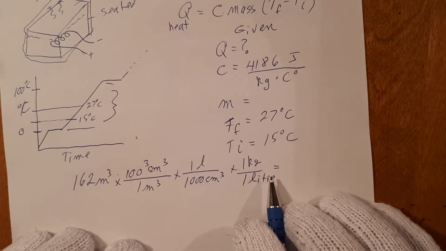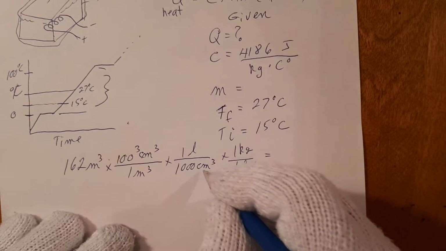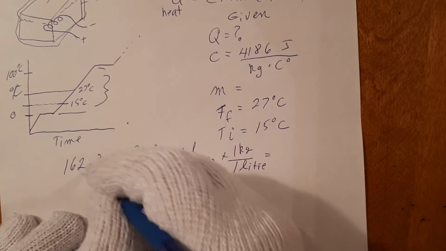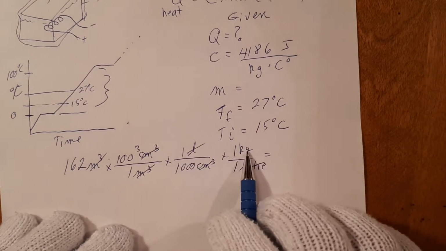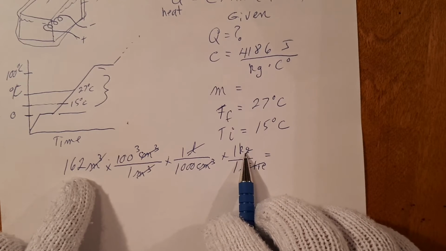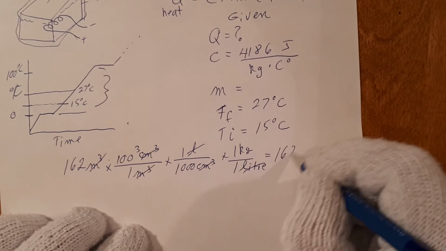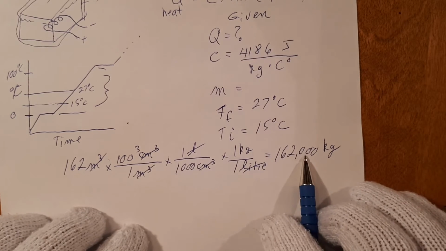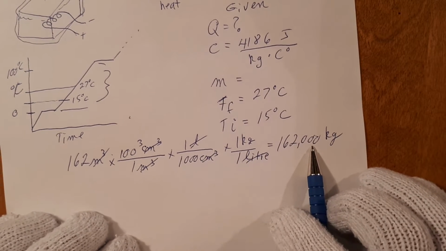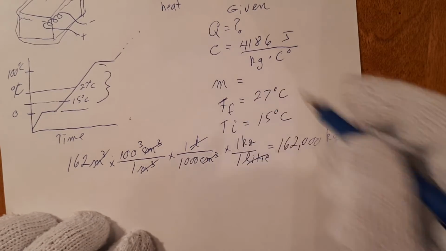Doing the multiplications, canceling out the units, cubic centimeters, cubic centimeters, cubic meters, cubic meters, giving us liters and liters. Effectively changing this into kilograms, and it's 162,000 kilograms for fresh water. So now we have the mass.